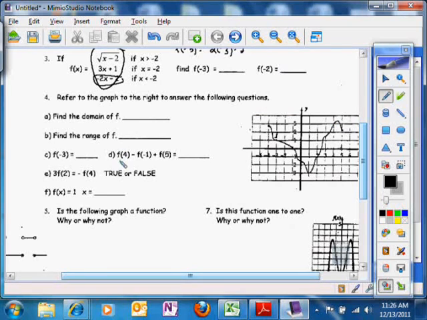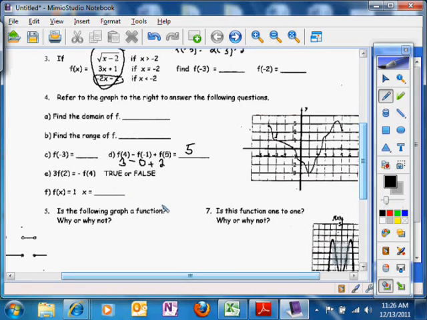So I'll replace this with a 3, minus f of negative 1. What's y when x is negative 1? Y is 0 when x is negative 1. So minus 0, plus f of 5. When x is 5, y is 2. So I have 3 minus 0 plus 2, which is 5. And that's how those problems work.